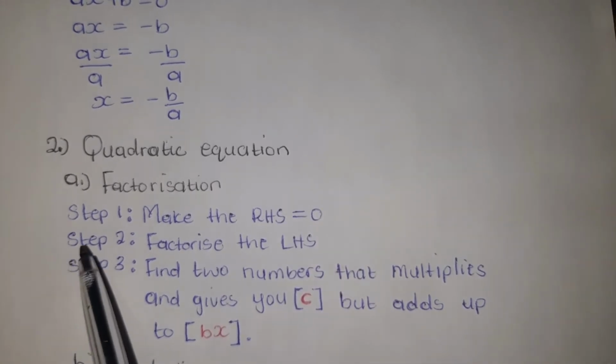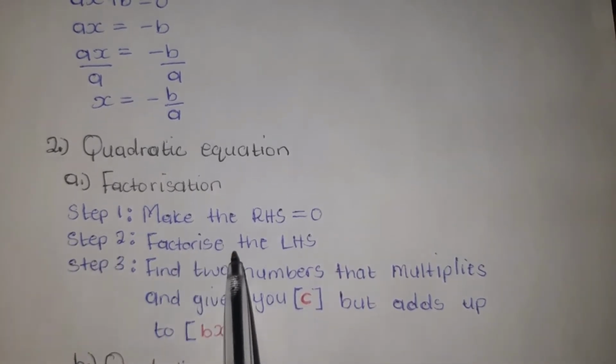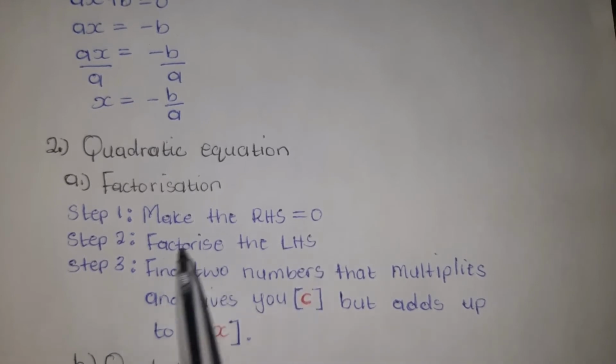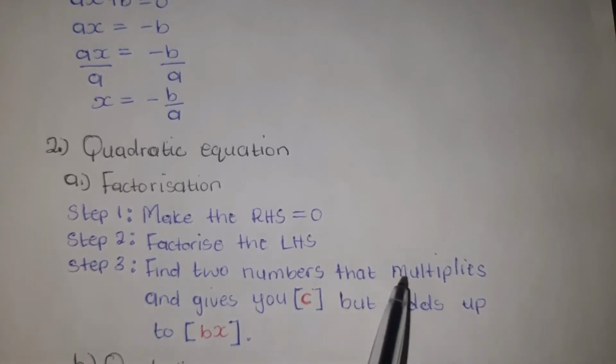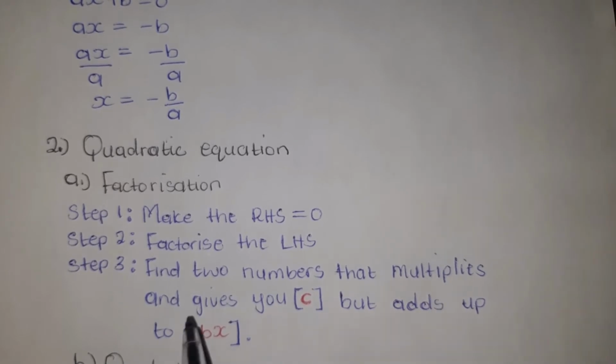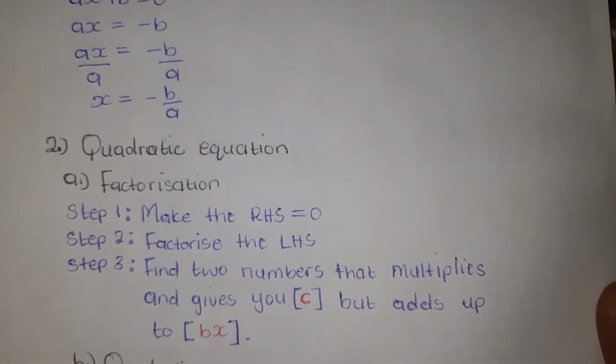And then step number 2, factorize the left hand side. Step number 3, find two numbers that multiply and give you c but add up to b.